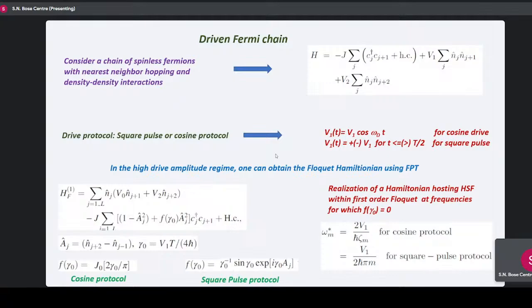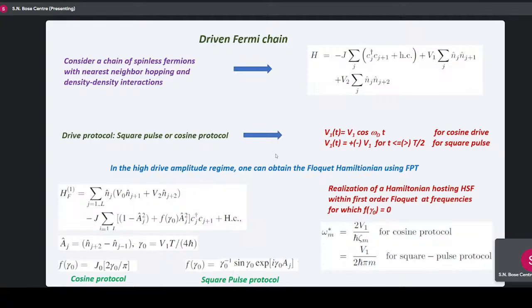For this, let's consider a chain of spinless fermions with nearest-neighbor hopping and density-density interaction. We take a drive protocol, which could be either a square pulse or a cosine protocol, and we are going to drive the interaction. That's the protocol here.